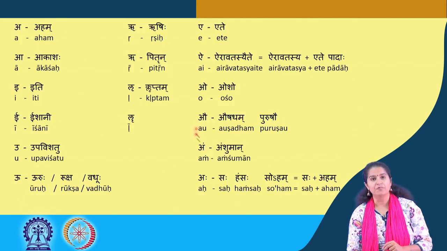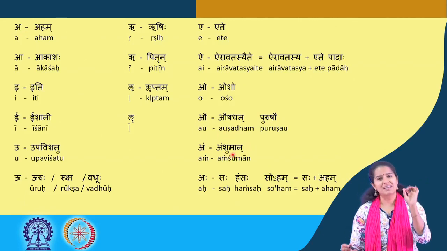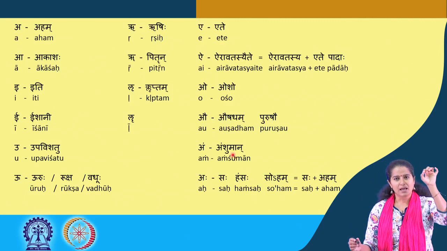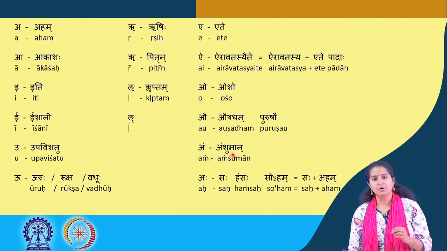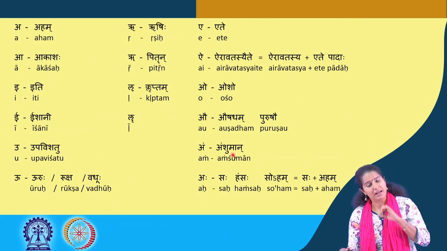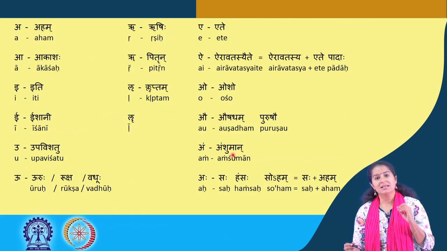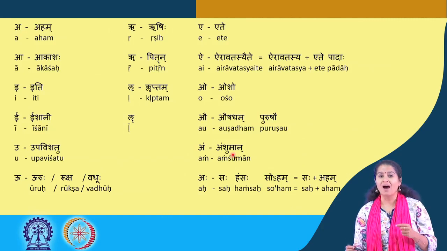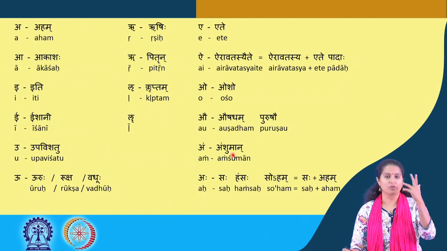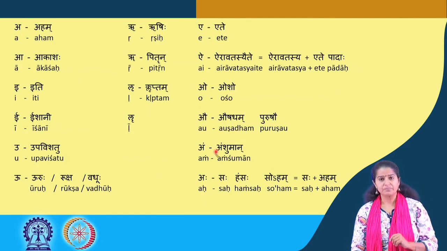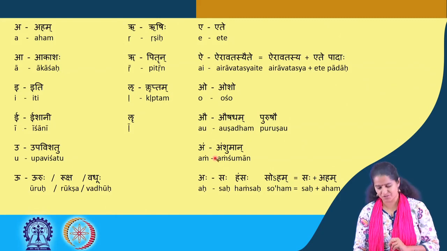And then for Amshuman. This Anuswara is interesting because it is a dot indicating the nasal, but sometimes it is pronounced in different ways in different places. Sometimes it is Shuman more in the south, or you have Shuman more in the north, or you can have Anshuman, which is more in the Maharashtra region.